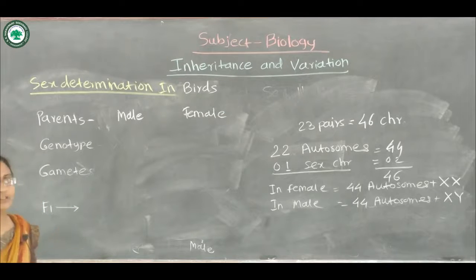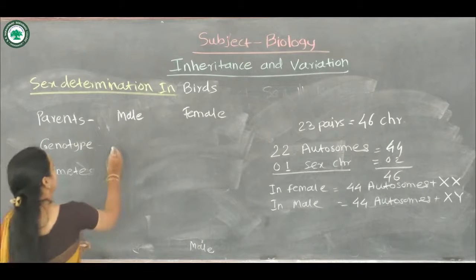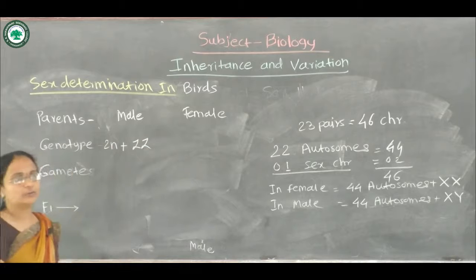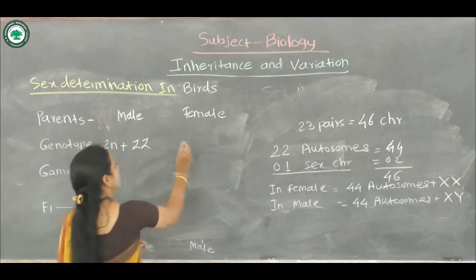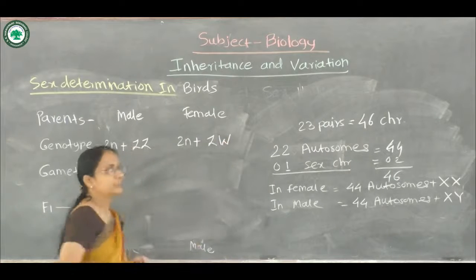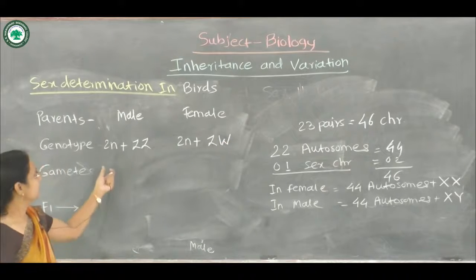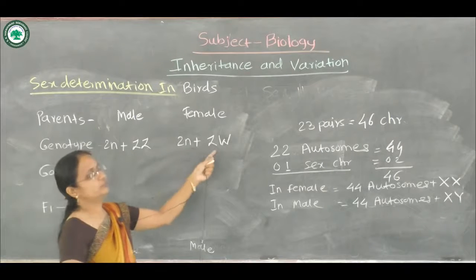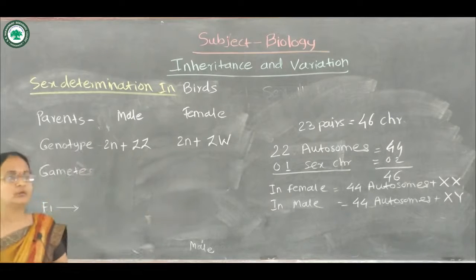This male shows 2N plus ZZ type of genotype, and this female shows 2N plus ZW. Here that male is the homogametic and this female is the heterogametic.